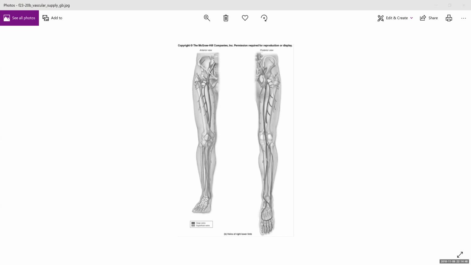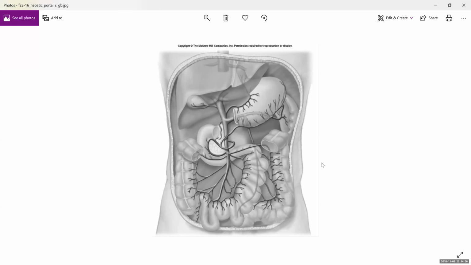A few more things. Okay, these are veins. Name this vein. Splenic vein. Name this vein.